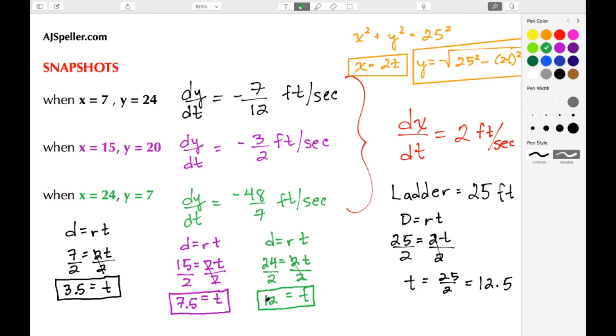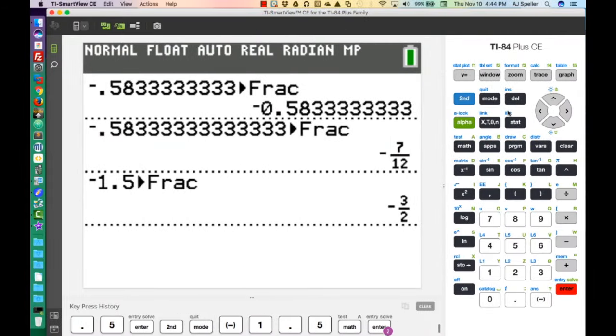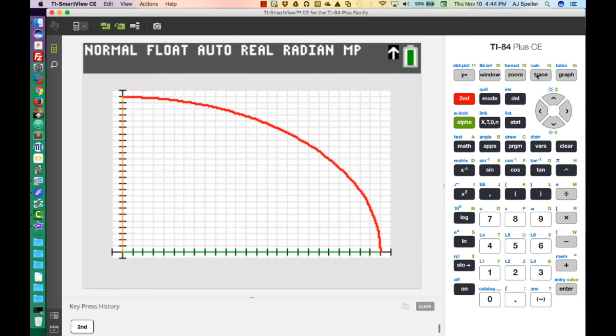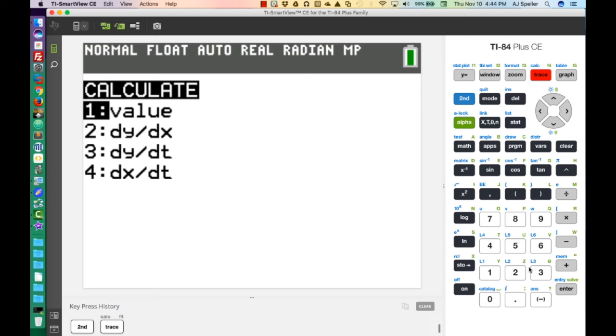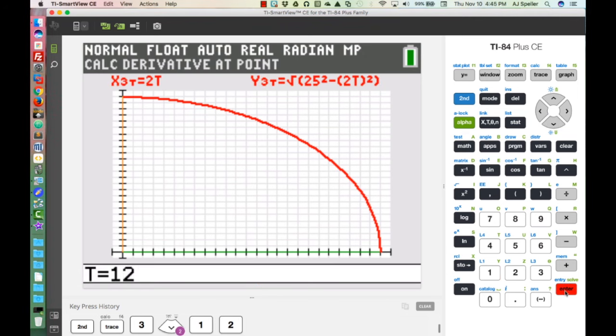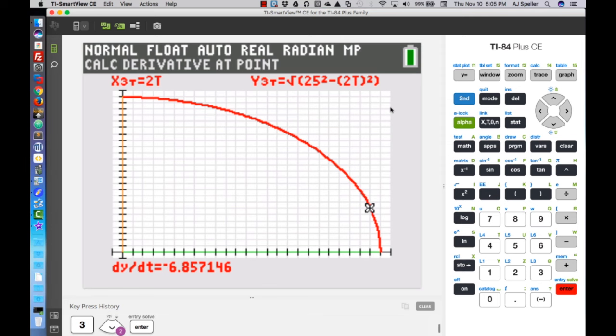And now to the last one, our time should be, or t should be 12. So let's go back, press graph. Let's go to second and then trace. We want number 3, which is dy/dt. Let's make sure we're on the red curve. And then let's type in 12 and then press enter. Here we see that dy/dt is equal to negative 6.857146.